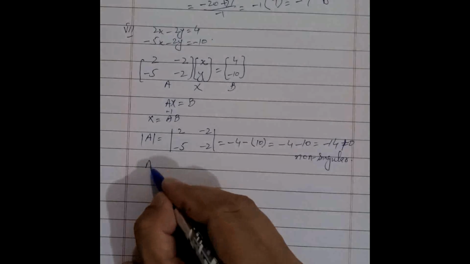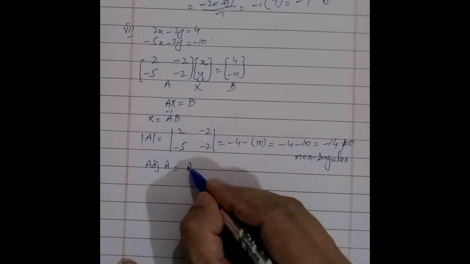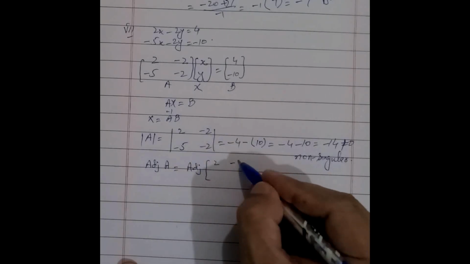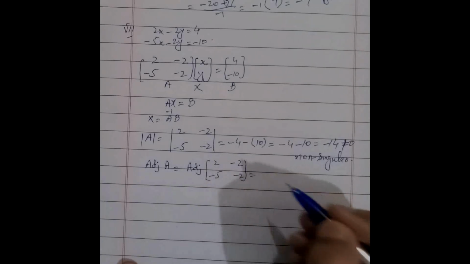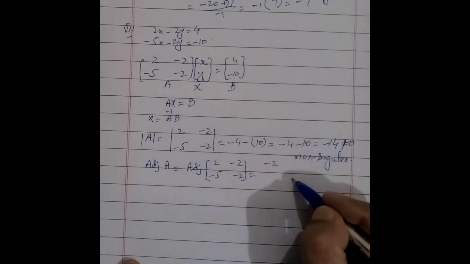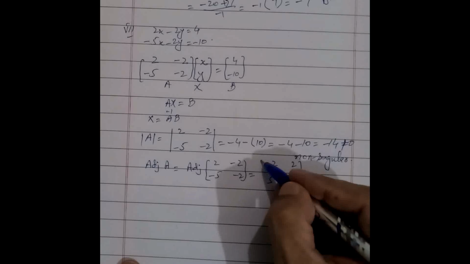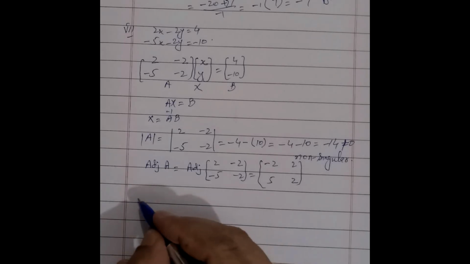Before finding A inverse, we first find adjoint A. The A matrix is 2, -2, -5, -2. Applying the adjoint formula, we get -2, 2, 5 and 2. This is the adjoint of A. Now we put the values of adjoint A and the A determinant into A inverse.